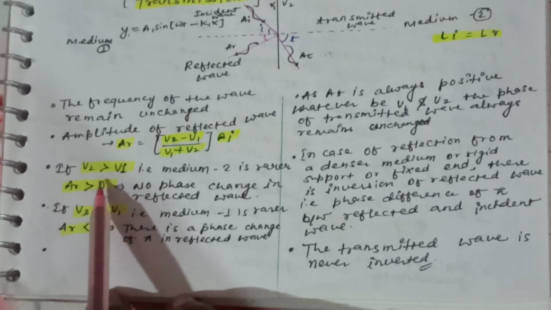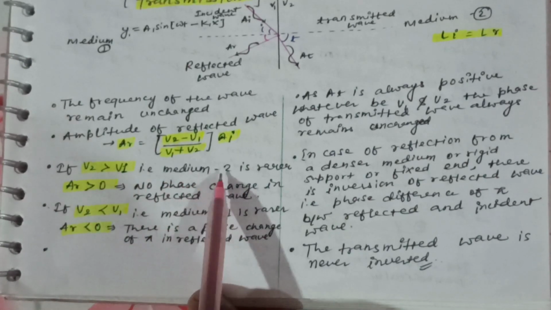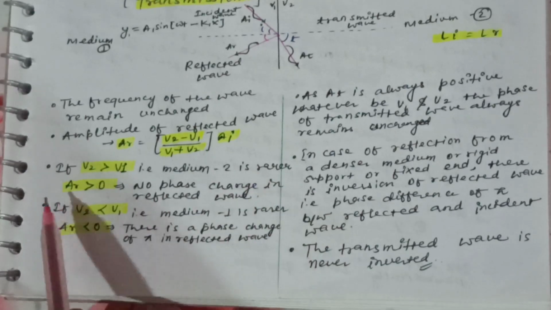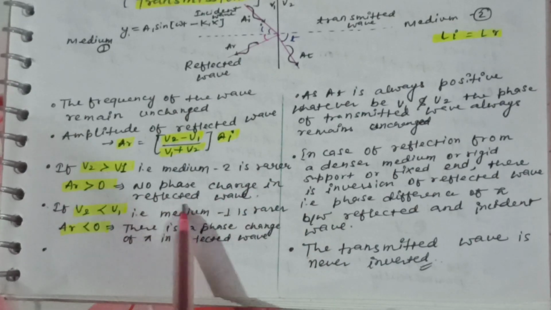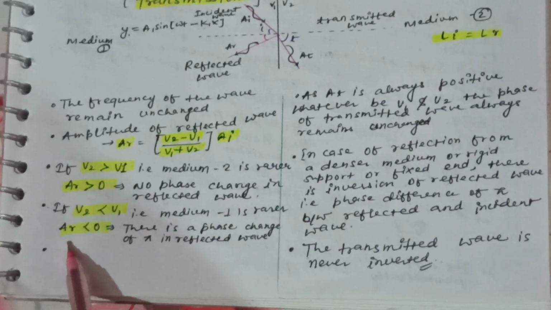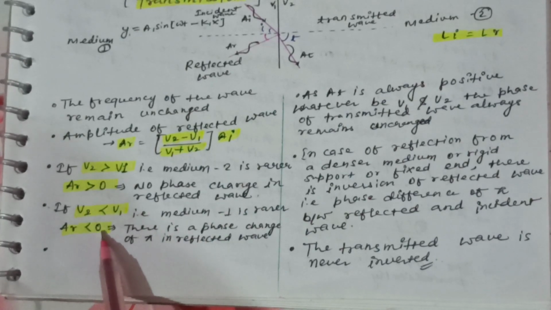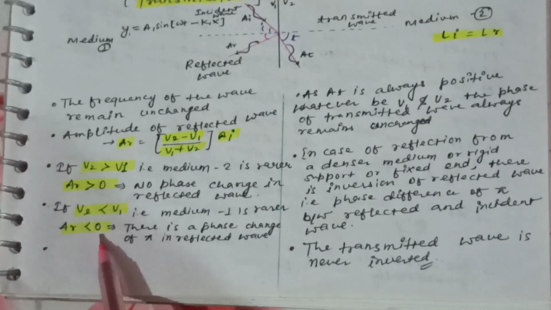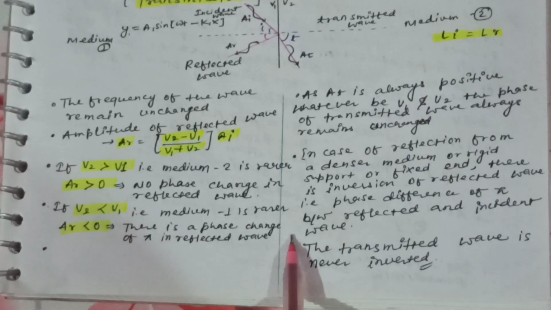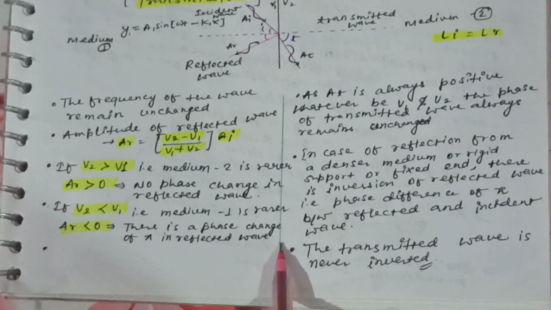If V2 is greater than V1, that is, medium 2 is rarer, AR is greater than 0, no phase change in reflected wave. If AR is smaller than 0, there is a phase change of pi in reflected wave.